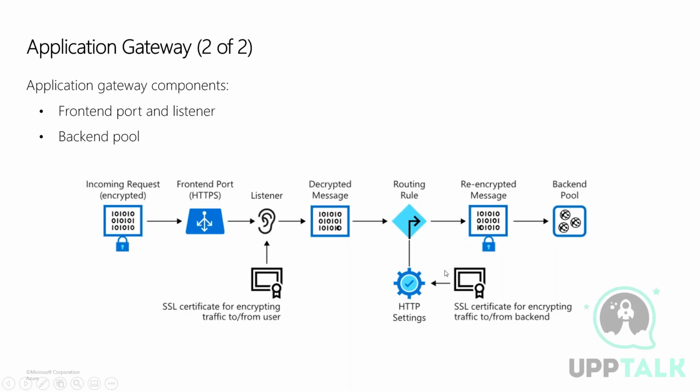So all communications behind the scenes would use HTTP rather than HTTPS. This is called offloading of sessions, or offloading of HTTPS, for faster communication within your backend environment. You can configure these things as part of your application gateway.